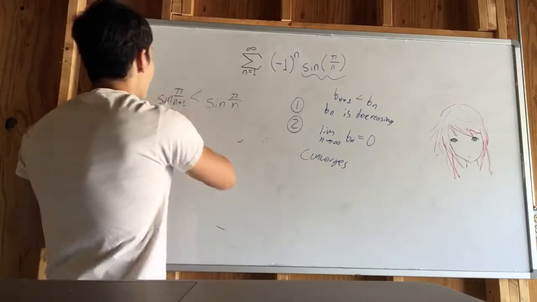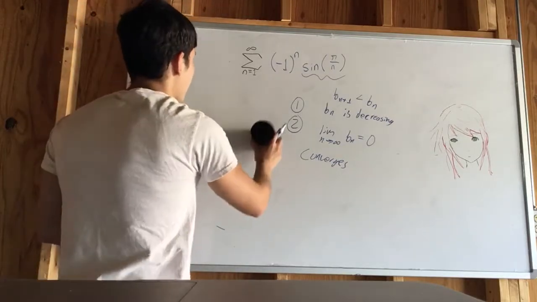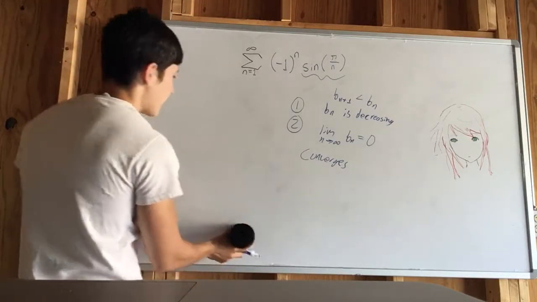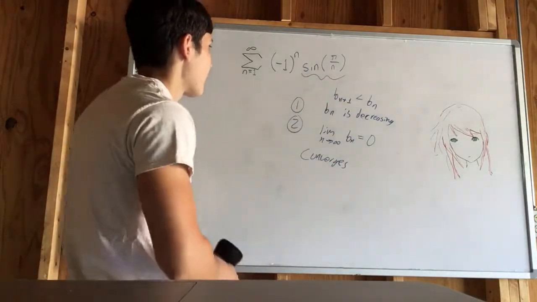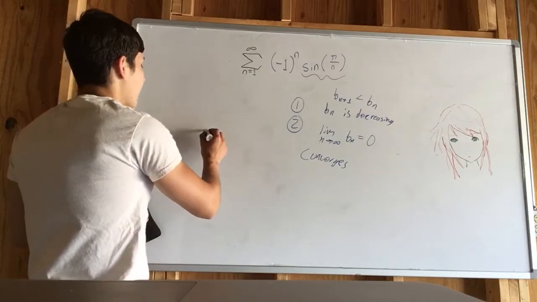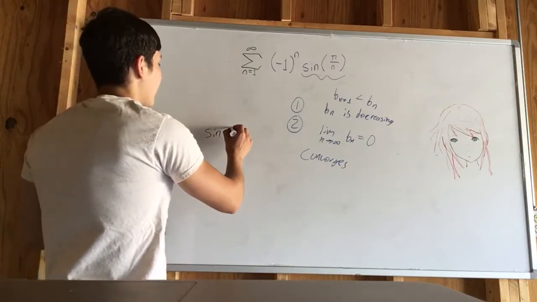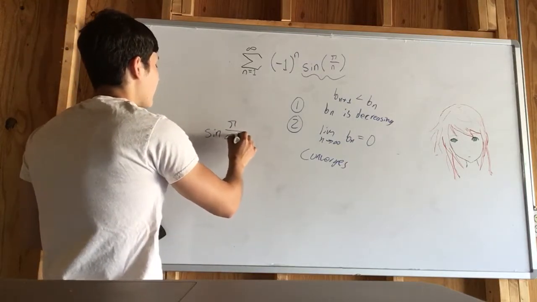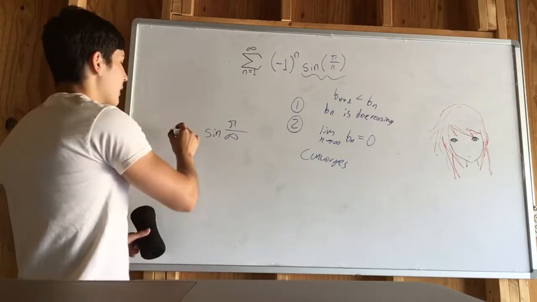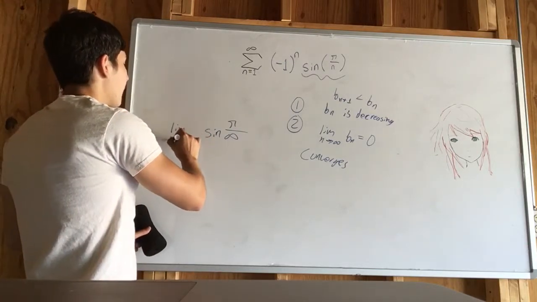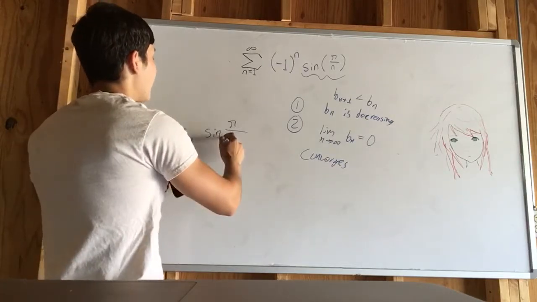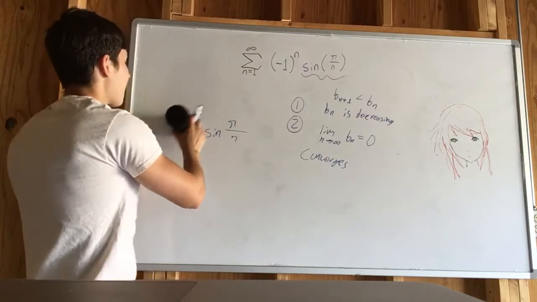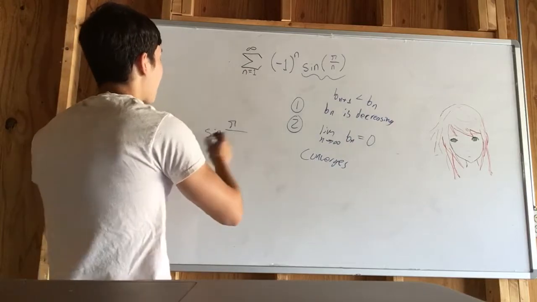And so now let's try our second thing to see if it really converges. We still have to pass another test, which is taking the limit as n approaches infinity, and we know what's going to happen. You would replace n with infinity.